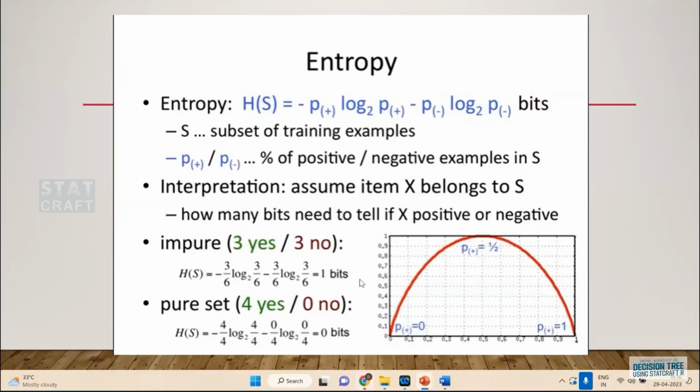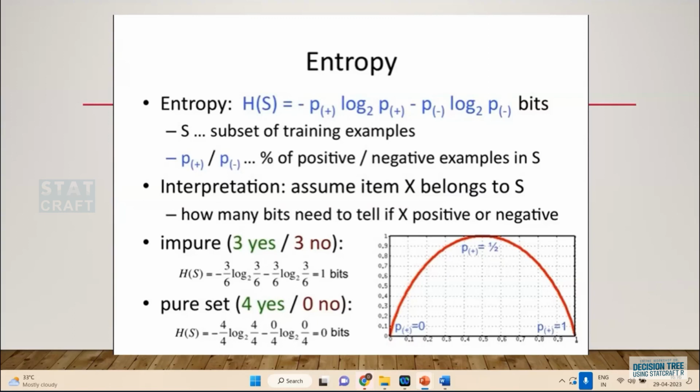So it is 1 bit. If I talk about the pure node, what will happen? 4 by 4 log 2 of 4 by 4 minus 0 by 4 log 2 of 0 by 4, which is 0 bit. So if my entropy is 0, the node is pure. And if my entropy is 1, it is an impure node.